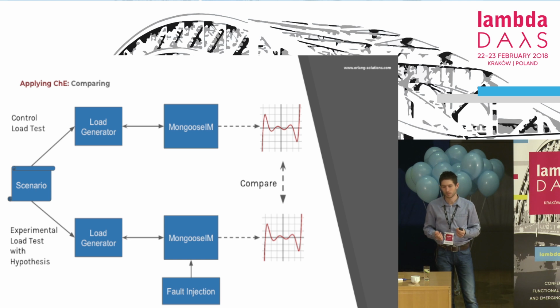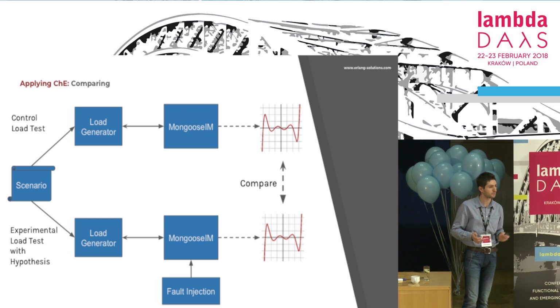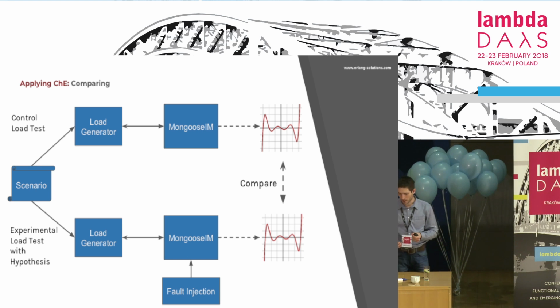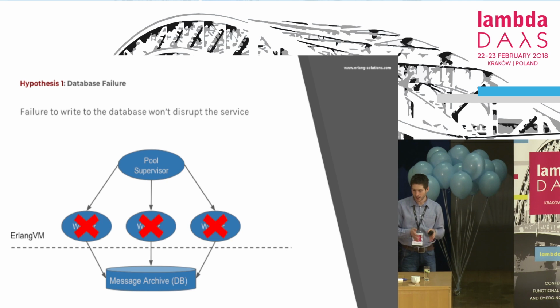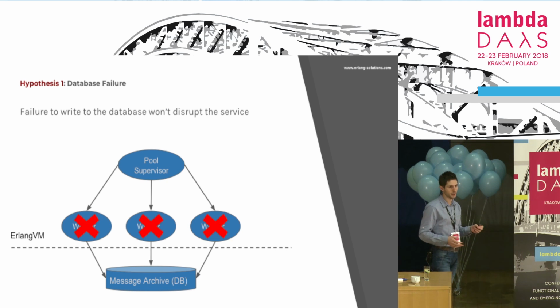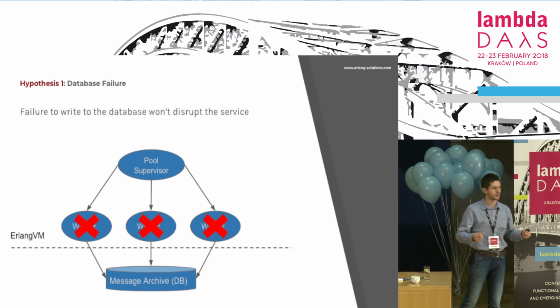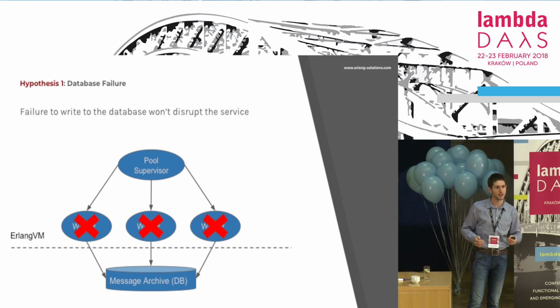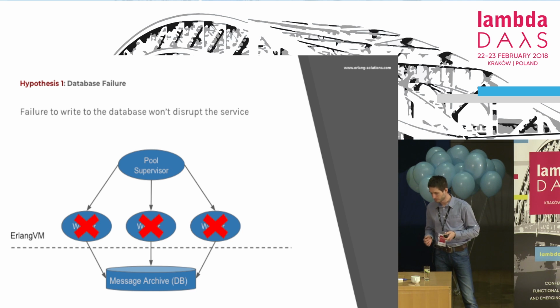And now I want to share with you 3 hypotheses we have tested. First one was related to a database failure, and we said that failure to write to the database won't disrupt the service, the basic functionality, which is that the users can exchange messages using the server.